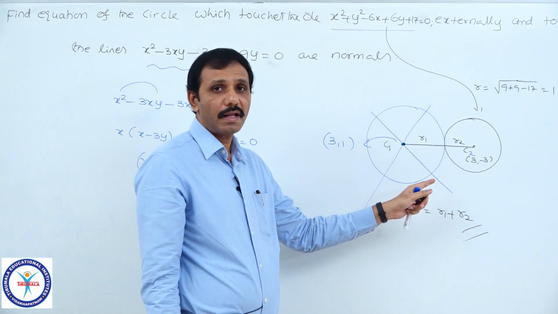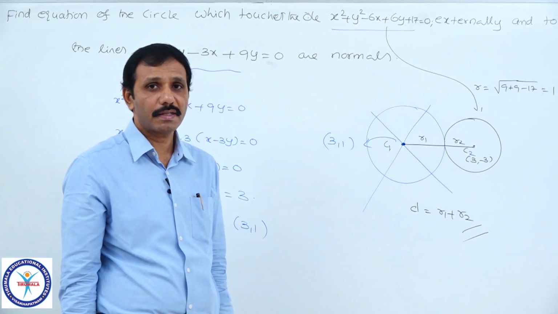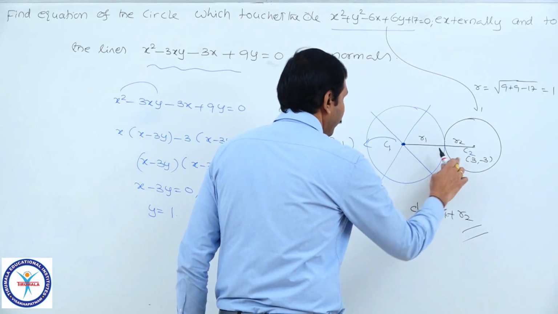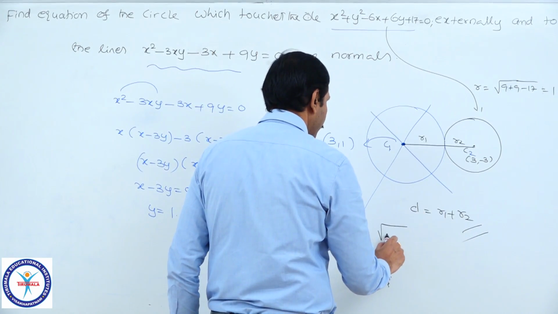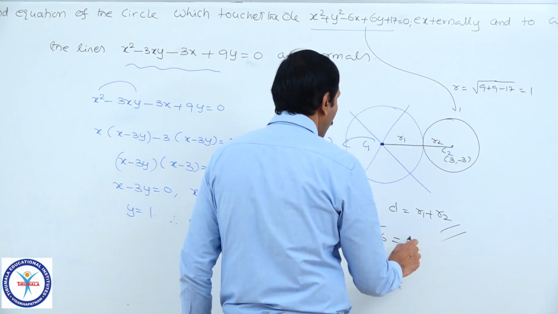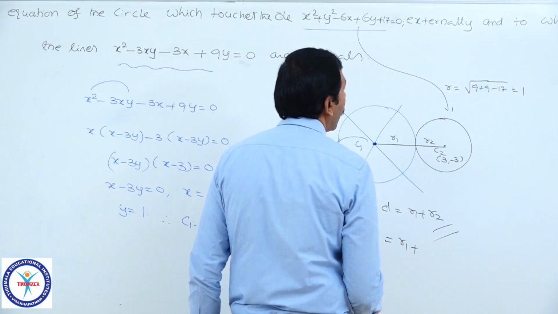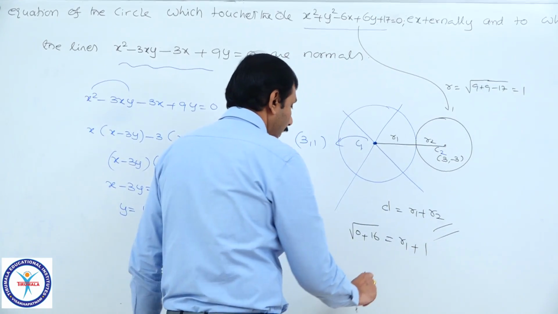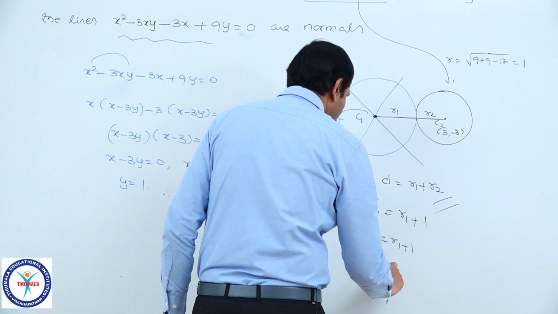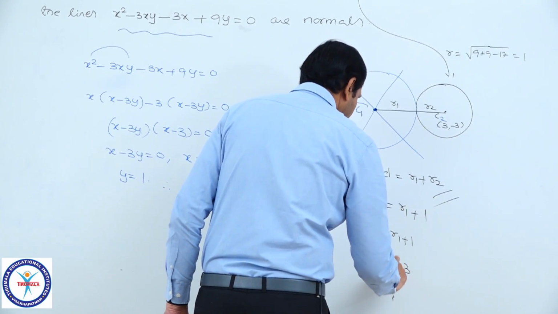If they touch each other internally, D equals mod R1 minus R2, we have seen. Now, what is the distance between the centers? Square root of 0 plus 16 is equal to R1 plus R2, R2 being 1. It is 4 equal to R1 plus 1, that implies R1 equals 3.